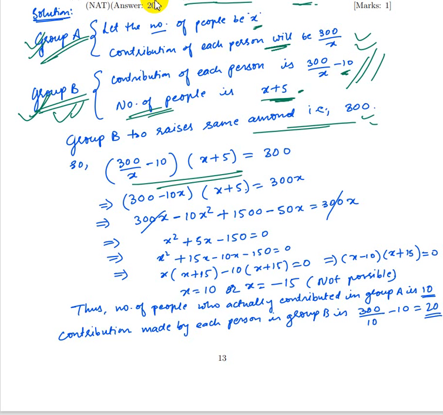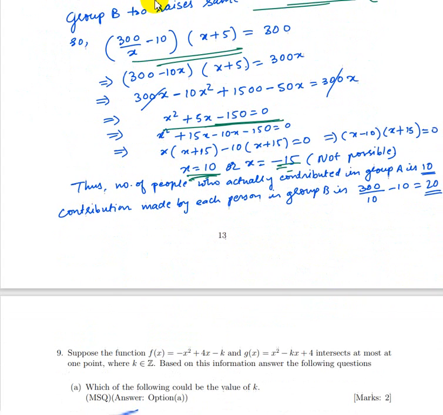We'll just solve this and get a quadratic equation, and the solution of this quadratic equation will result in two values, one positive and another negative. We can't take negative 15, because the number of people can't be negative. We can't say that there were minus 15 people contributing. So 10 is the most suitable answer.